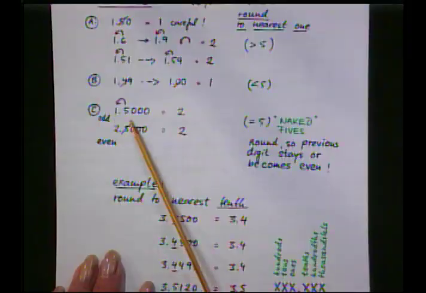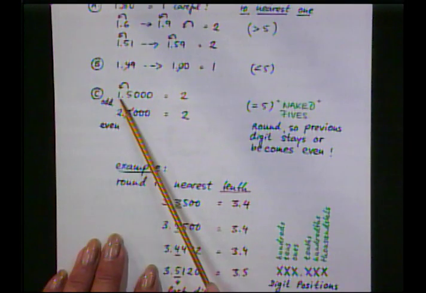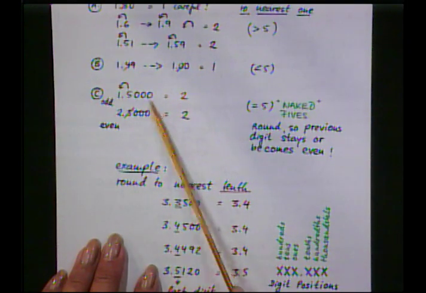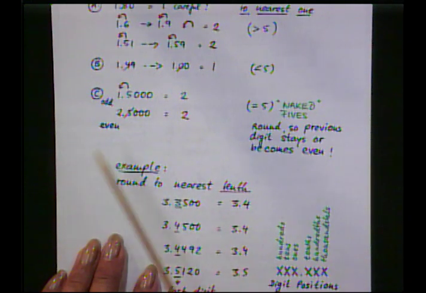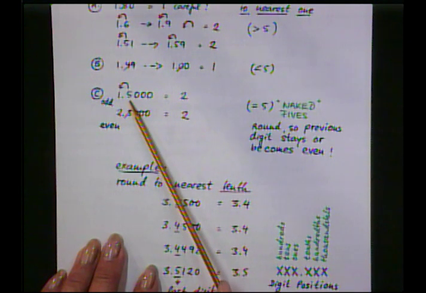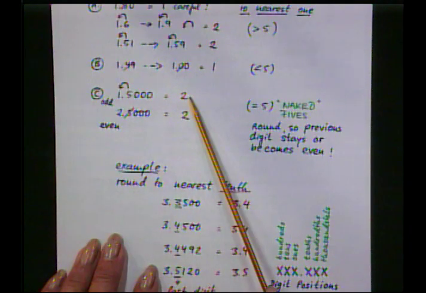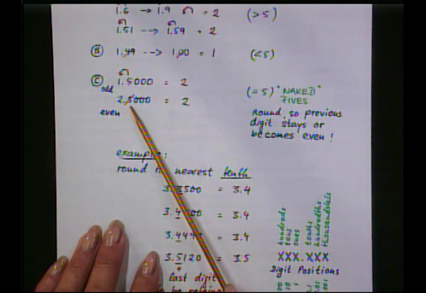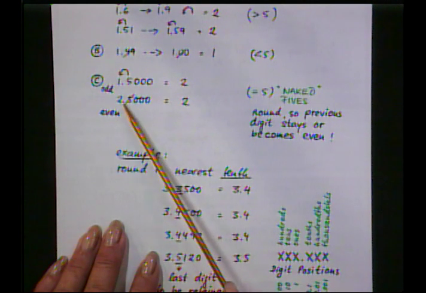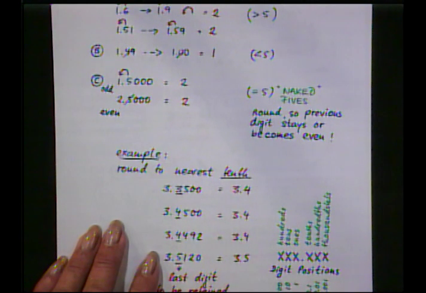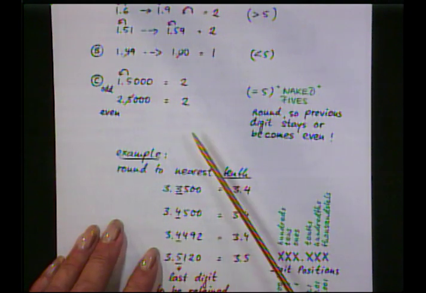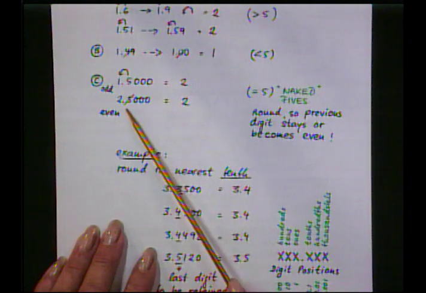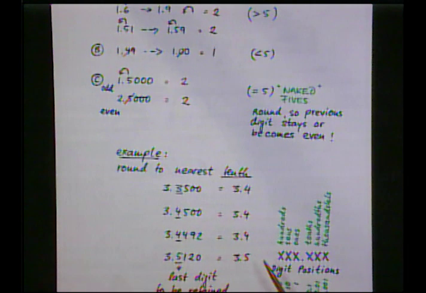So here we have an example, for instance, 1.5000. Let's say we have to round it, and the previous number becomes even. Then we will round it. Here we have 2.5, and here the number, when we round the 5, the naked 5, will become 3. So 3 is an odd number, so we can't do the process, so we have to just eliminate the 5.